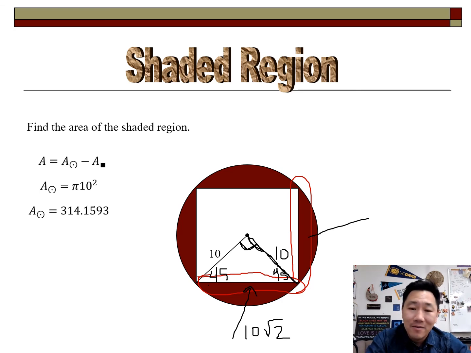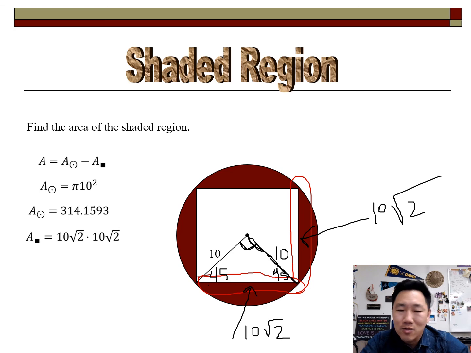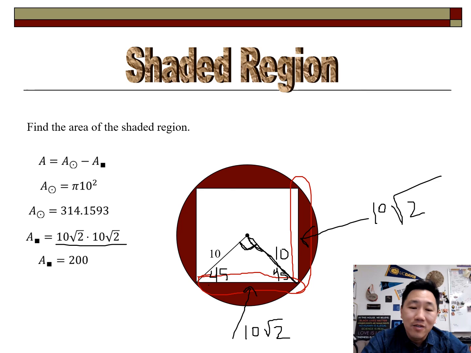Which means this side is also 10 radical 2. So that required a little bit of work, but there it is. Area of a square is 10 radical 2 times 10 radical 2. You can do this on the calculator, or you can do it in your head, because this is a little bit easier to do in your head. The area of the square is 200.